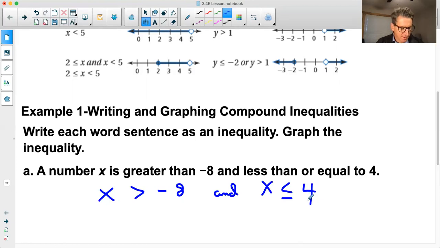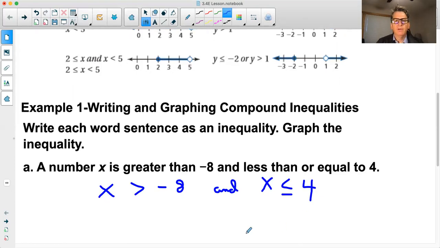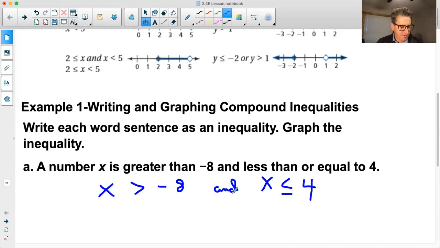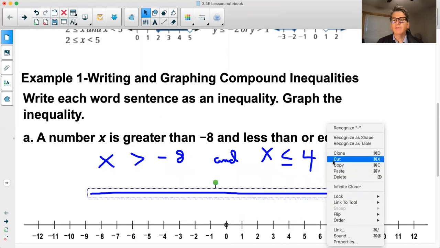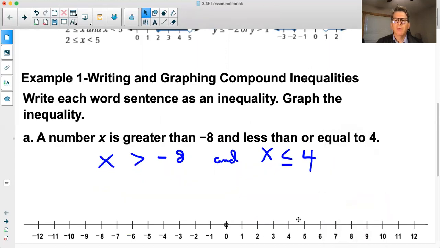Since we have the word and here, we are going to graph all the numbers. Oh, I do have a graph there. Fantastic. I'm going to graph everything x greater than -8.